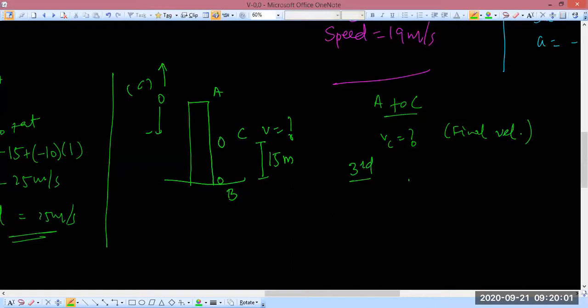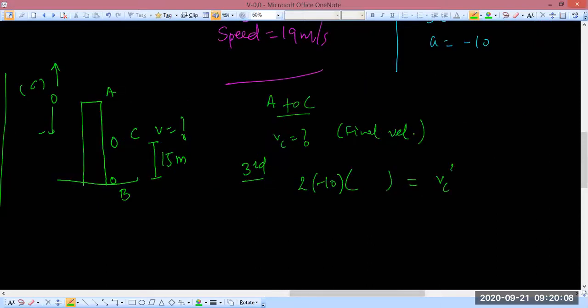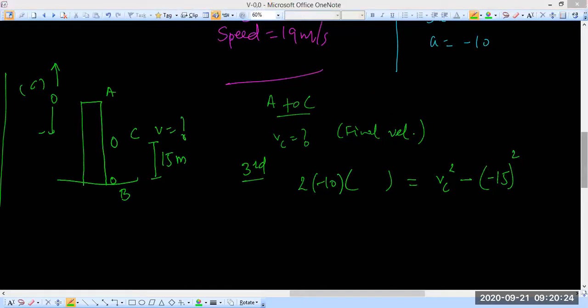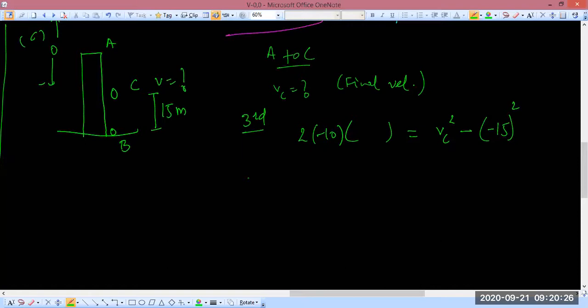So 2a, what is delta x? I'm giving you four options: 15, minus 15, 5, or minus 5.